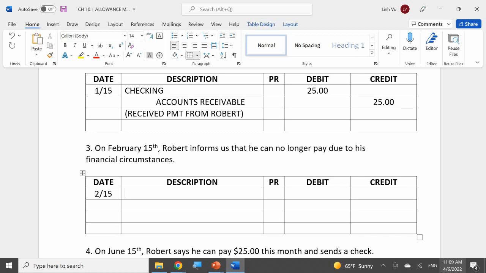And you know exactly who owed you the money. You know Robert owed you the money, and he's not making a payment. What was the first thing I taught you before the bad debt? It's a contra account.